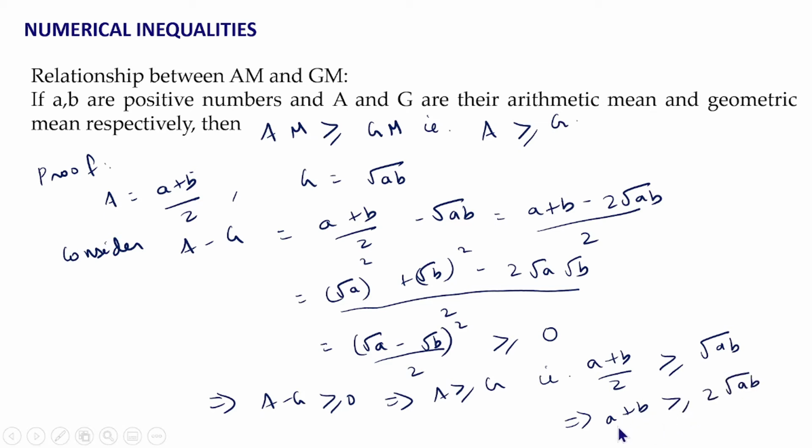In the sample question paper, this was given as one of the options and we have to tick this option. So this is the relationship between arithmetic mean and geometric mean.